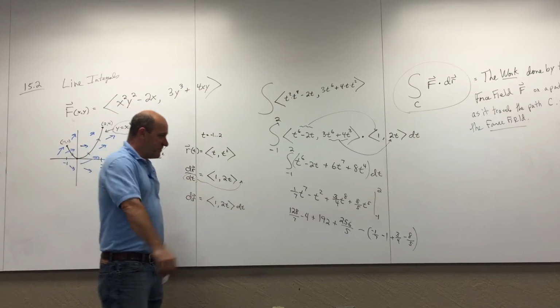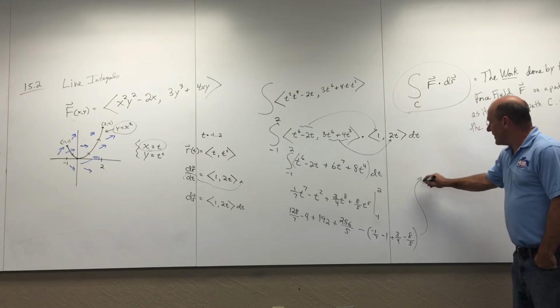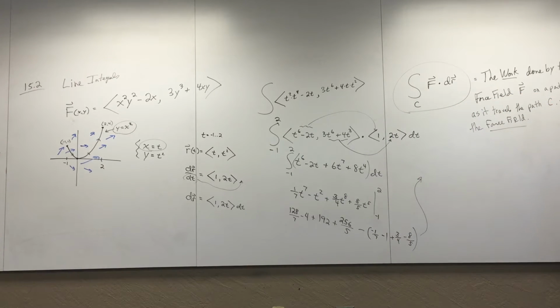If anybody helps me add up those fractions, I'd appreciate it. But then there's a final answer here. And the final answer is the work done by the force field on a particle as it travels through. And work is energy, so it's the amount of energy needed.